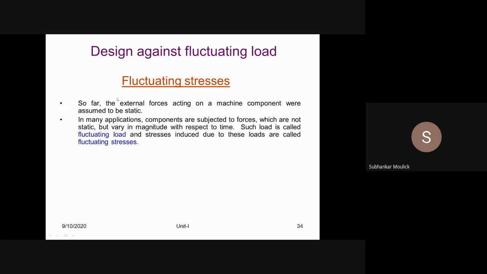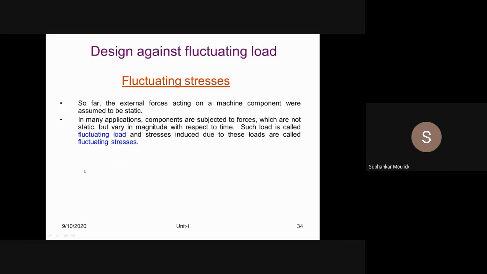But in many applications, components are subjected to forces which are not static but vary in magnitude with respect to time. Such load is called fluctuating load, and stresses induced in the component due to these loads are called fluctuating stresses.